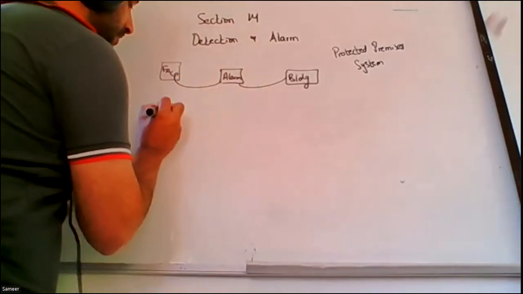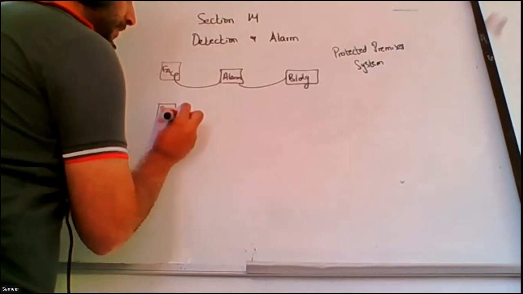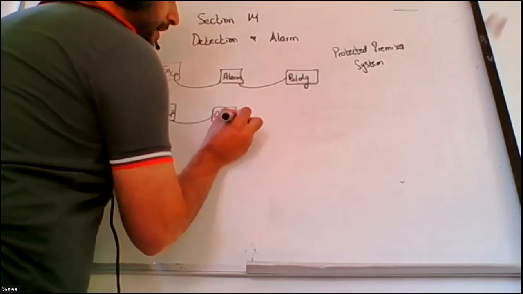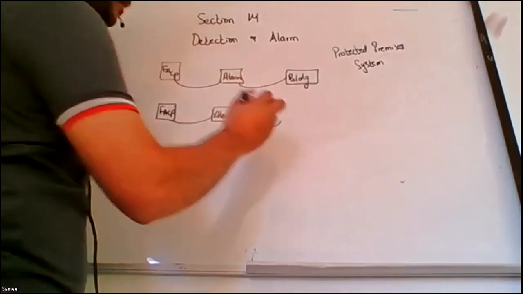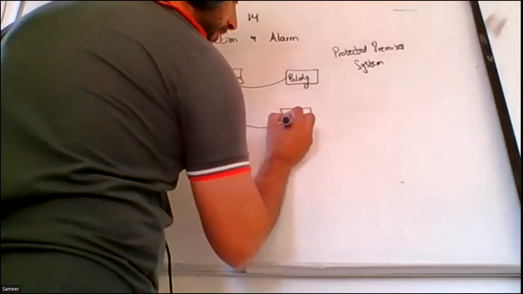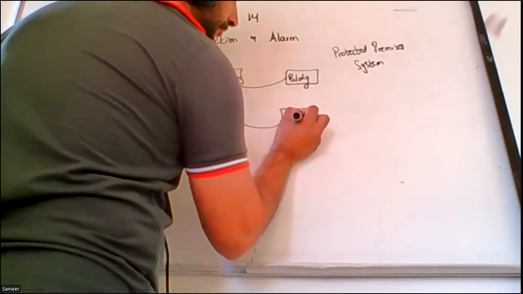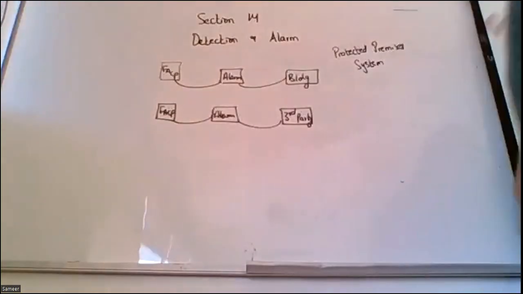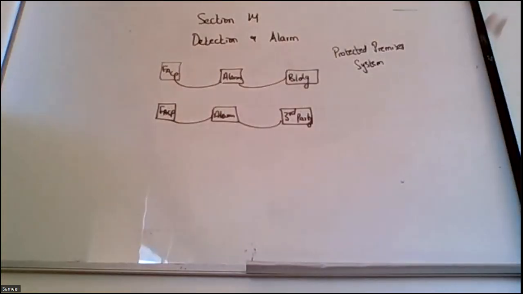The second type of system is one in which the fire alarm control panel provides an alarm, and that alarm is being monitored by a third party. What I mean by third party is that I don't involve the civil defense or the owners directly.